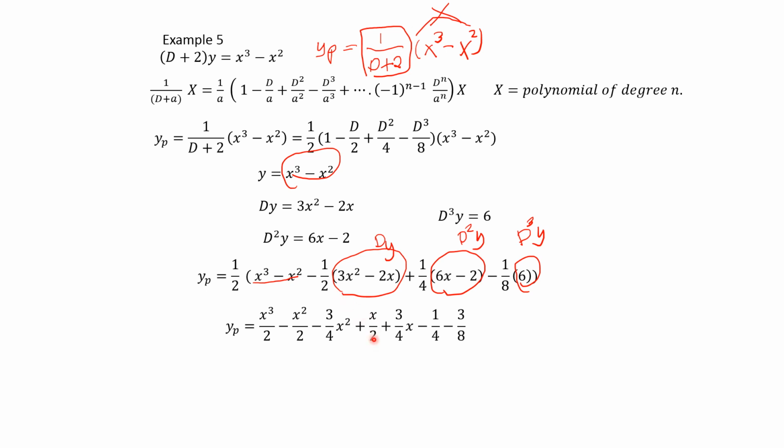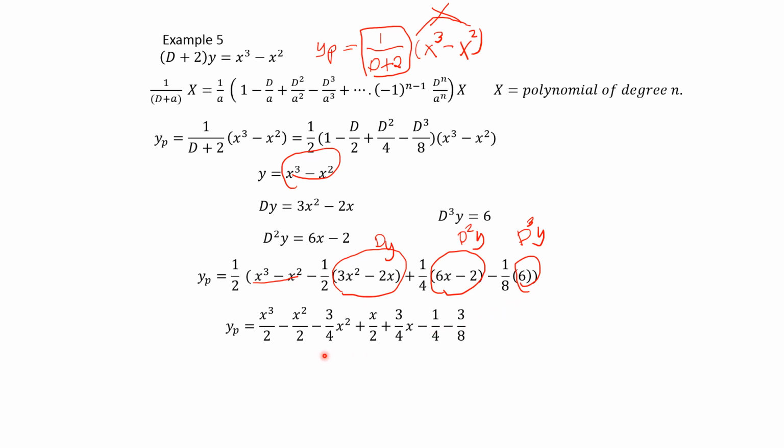Then you have 1/2 times 1/4 times 6x, that is 1/8 times 6x, so 6 over 8, that's 3/4 x. And then 1/2 times 1/4 times negative 2 gives you negative 1/4. And then 1/2 times negative 1/8 times 6 gives you negative 3/8.